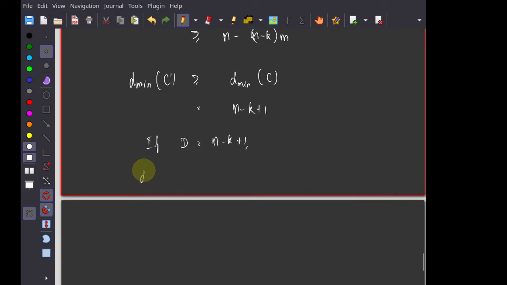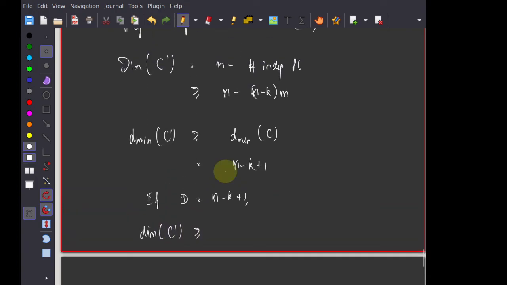Then the dimension of the new code, we know, is greater than or equal to n minus (n minus k) times m, and n minus k is basically capital D minus 1. So if I call this k prime, it is n minus (D minus 1) times m.